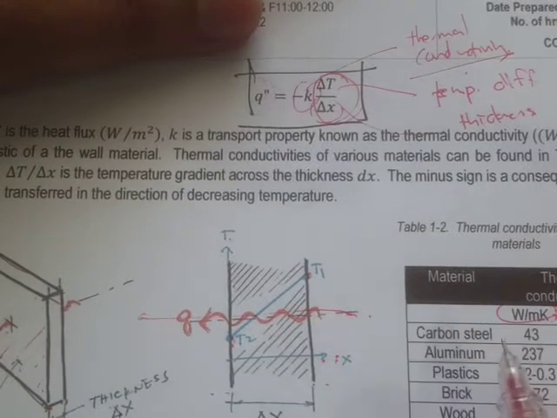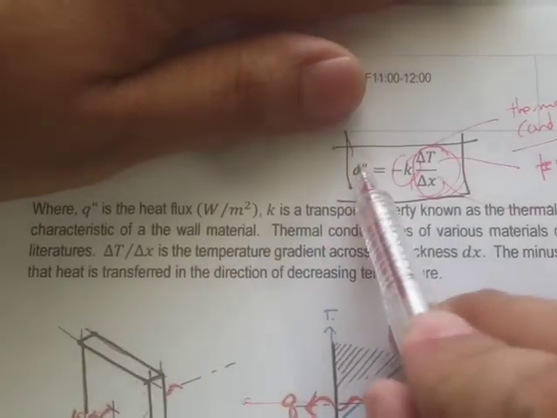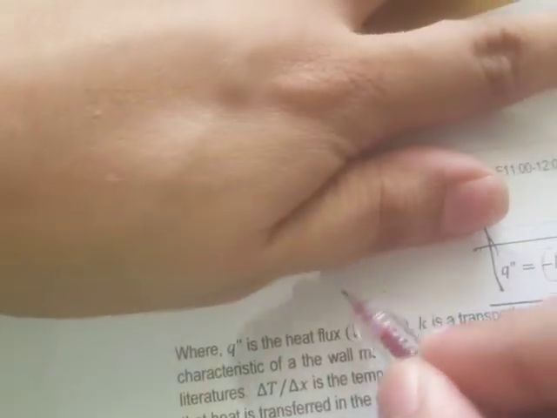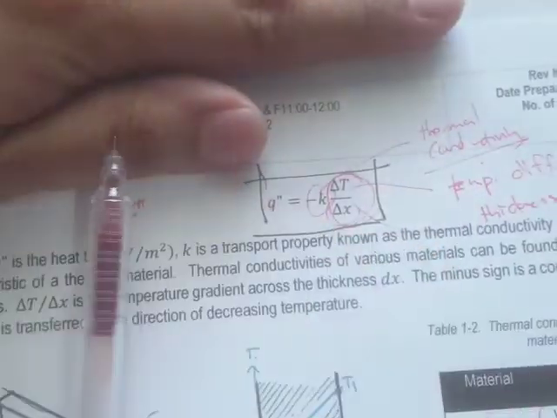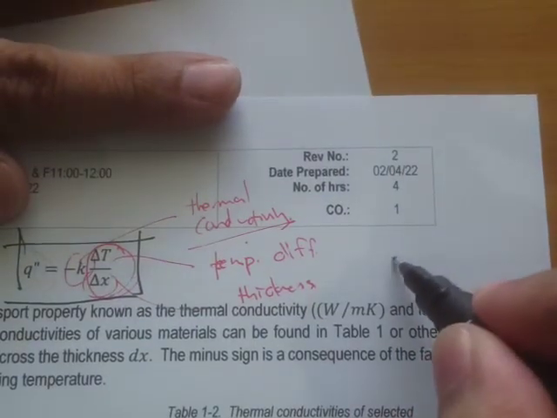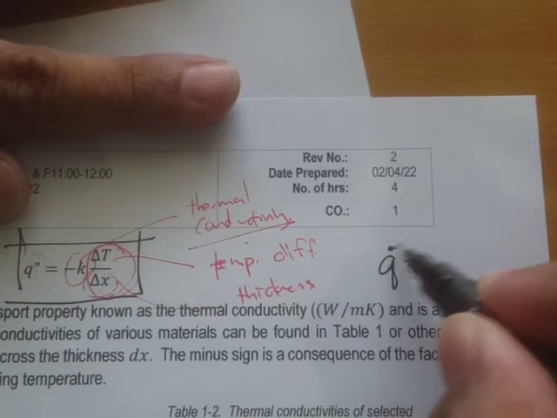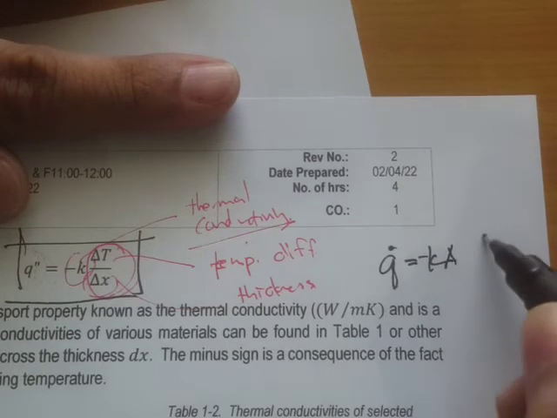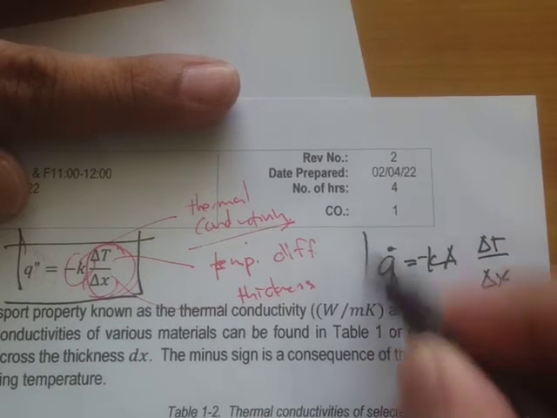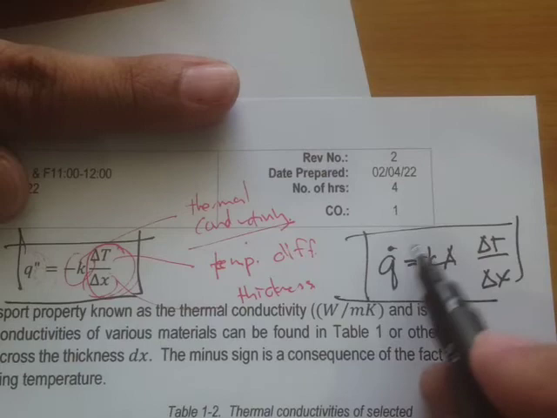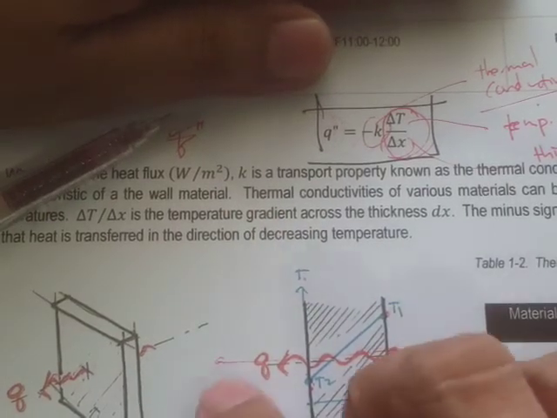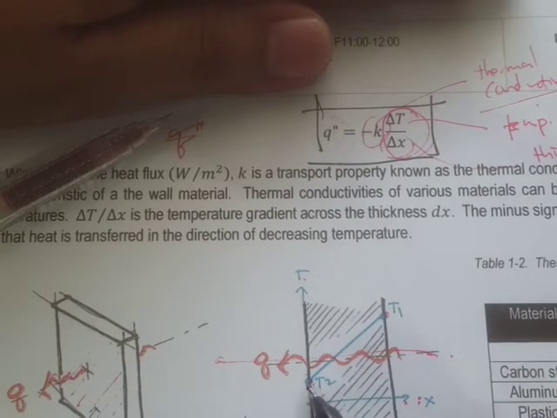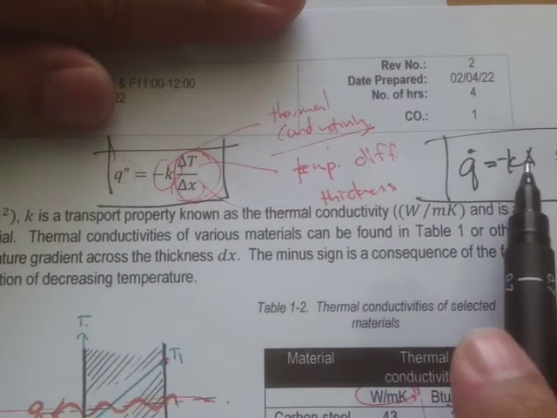That's heat flux, but if we talk about heat rate, then Q dot is equal to negative K A delta T all over delta X. By the way, the negative sign is simply because heat travels from regions of higher temperature to lower temperature. You see here T sub 2 is lower than T sub 1. That's the reason for the negative.